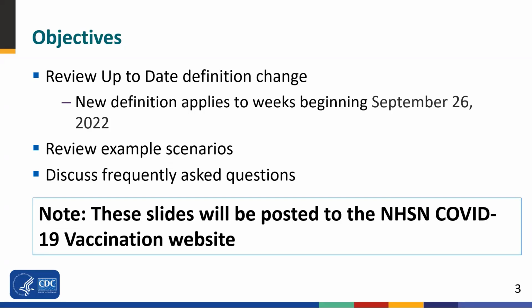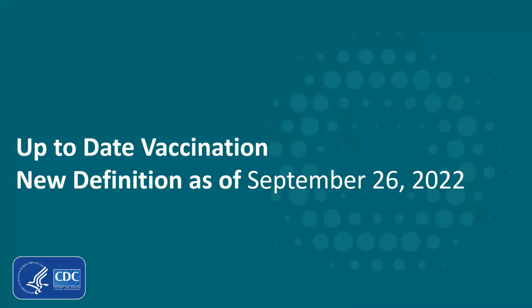Please note that the slides from today's session will be posted to the NHSN COVID-19 vaccination website in the coming weeks. Now let's begin reviewing the new up-to-date definition for COVID-19 vaccination.